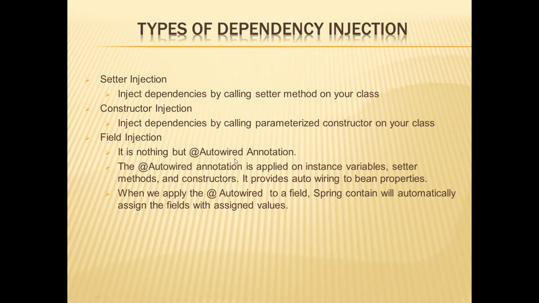It is nothing but the @Autowired annotation. The @Autowired annotation is applied on instance variables, setter methods and constructors, providing autowiring to the bean properties. You should not apply autowire on primitive data types like String, int, long, double.